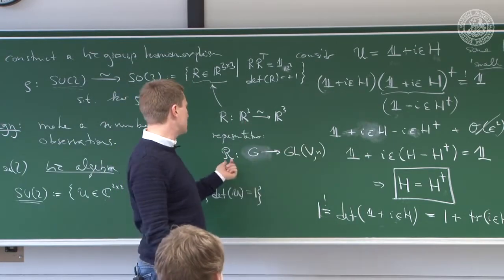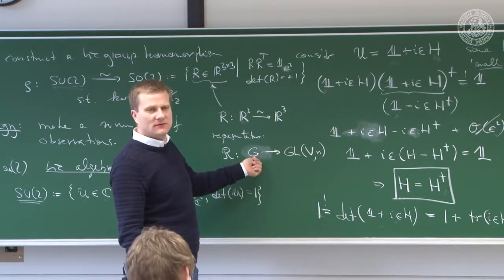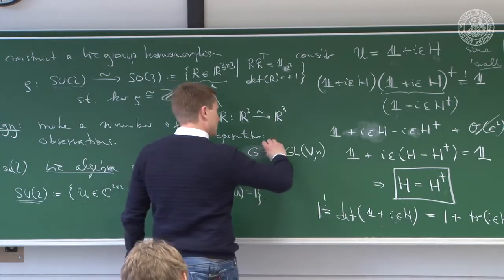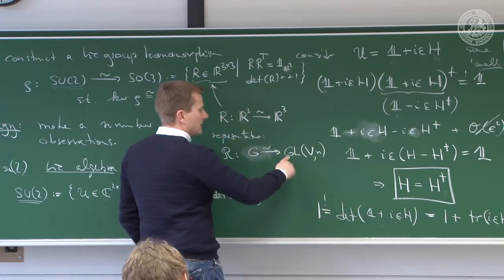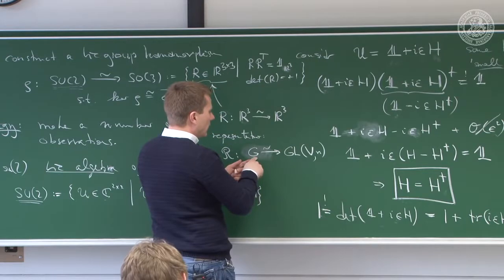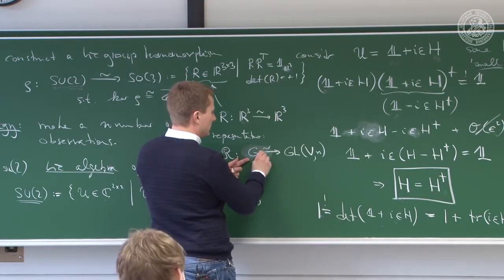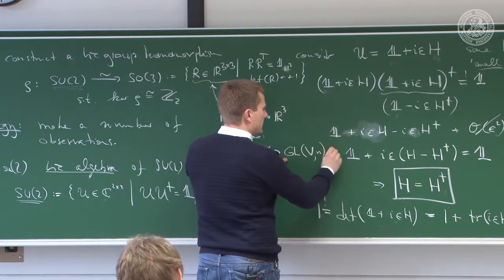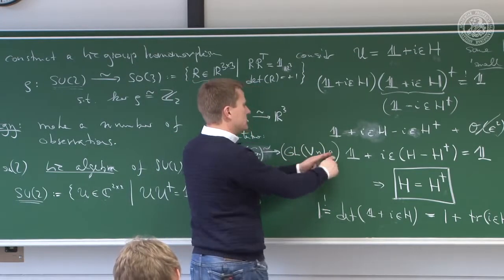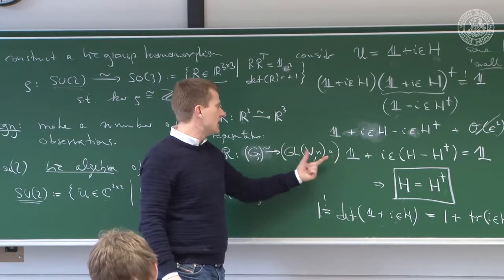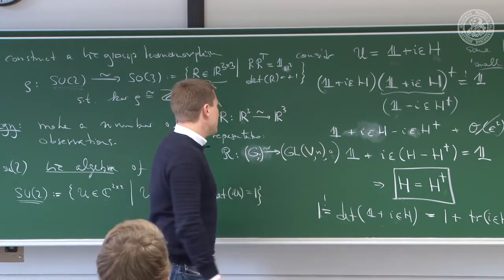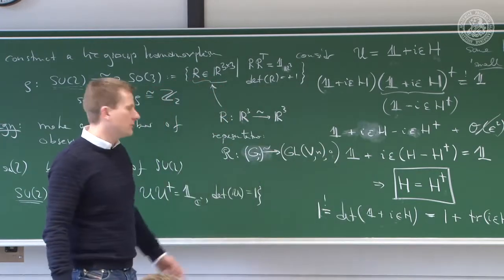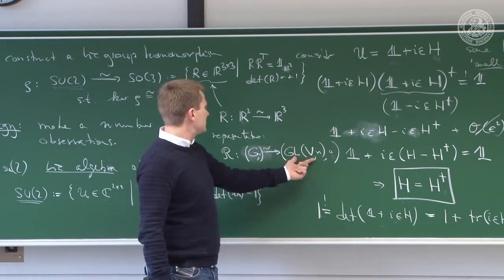You need this because otherwise you need to send the identity to the identity, and that must be respected, because you want this to be a Lie group homomorphism. If this is a group with some operation, then GL is also a group, because you can always use the composition of linear maps. Usually it will be some subgroup of this, but that's a representation.